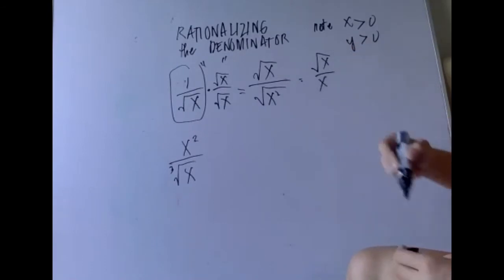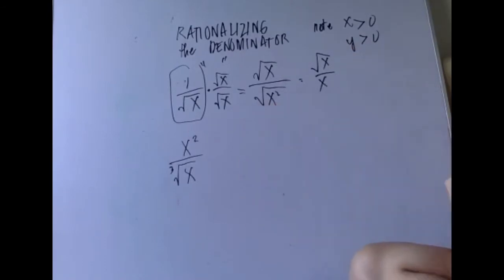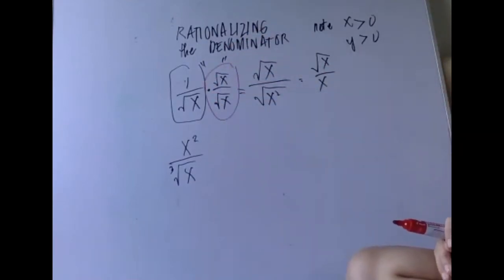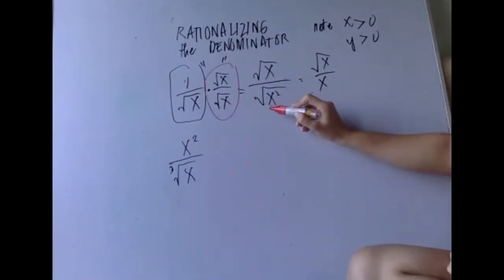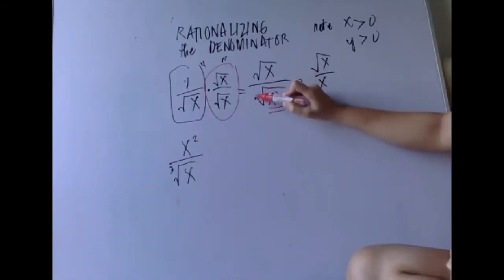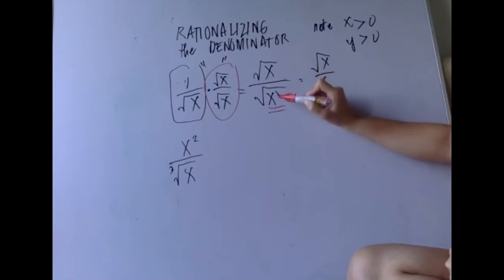Okay. So, here, paano mo malalaman kung ano yung minumultiply mo dito? Okay? Ang goal mo is magkaroon ka ng perfect square sa loob. So, kapag meron kang square root, ang gusto mo, perfect square sa loob.